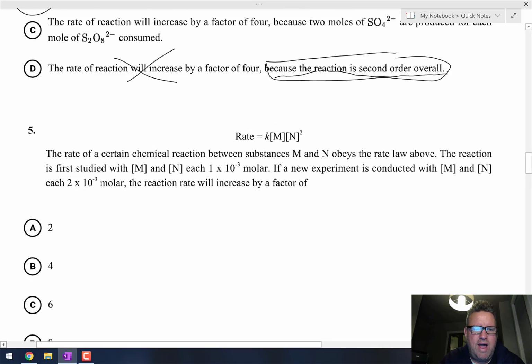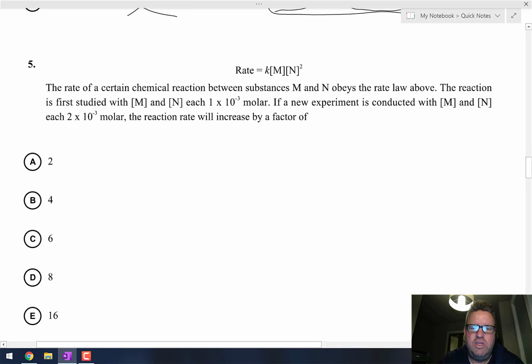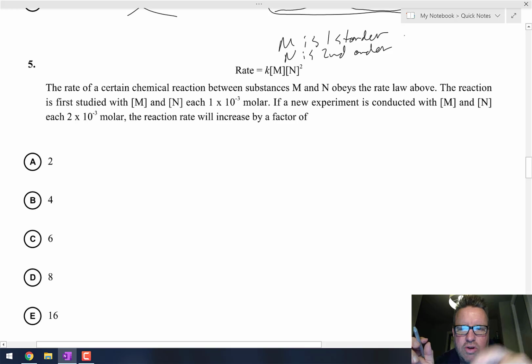Okay, number 5. The rate of a certain chemical reaction between substances M and N obeys the rate law above. The reaction is first studied with M and N both, and again, here we can see they're giving us the rate law. So we know that M is first order, and we know that N is second order. Okay, so in the reaction above, they're both 1 times 10 to the minus 3rd molar.